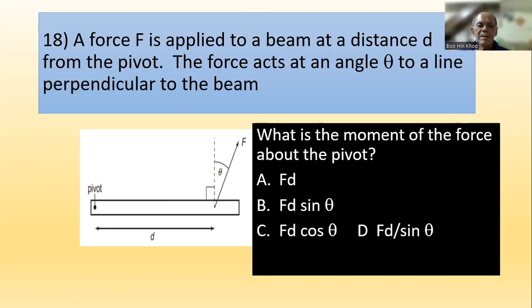That's the line. So we just resolve this force perpendicular to the beam. The answer is C. Perpendicular distance, perpendicular force, or component of this force perpendicular to the beam.